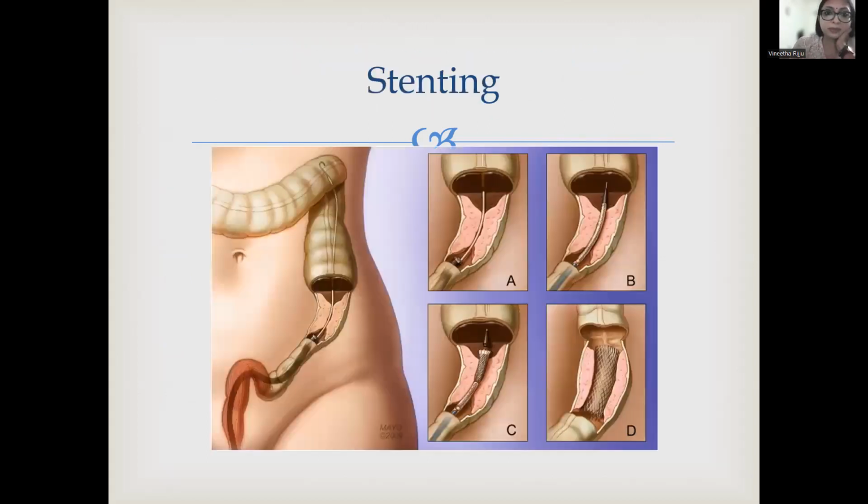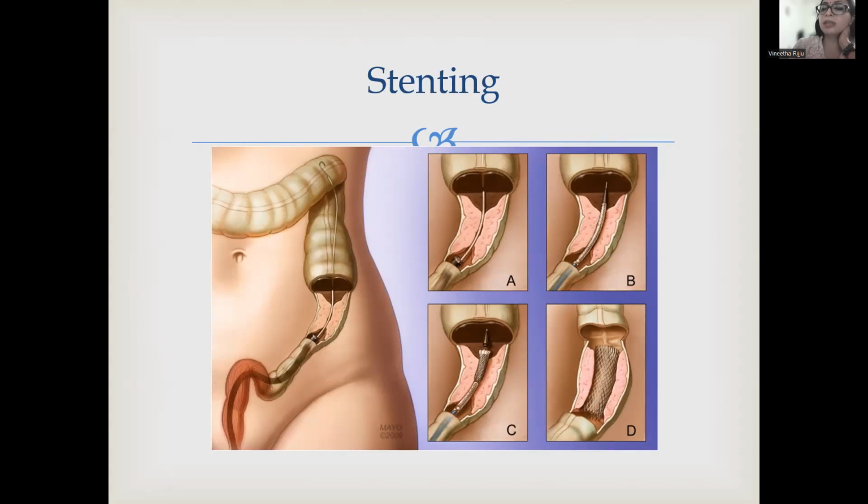Okay, right. So we did talk about chronic stenting. This is how a stent would look, and you can see how the expandable stent opens up the lumen. It is not that we advise stenting for every patient.